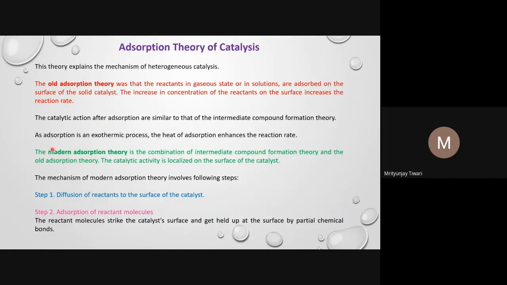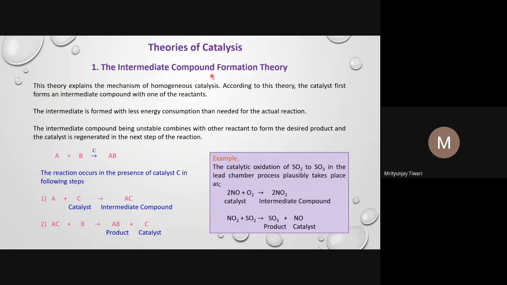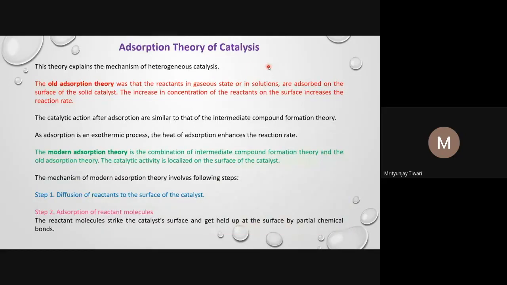Now people have given the modern adsorption theory, which combines the old adsorption theory plus the intermediate compound formation theory. Initially the reactants, whether in the liquid, solution or gaseous phase, will first get adsorbed on the catalyst surface.